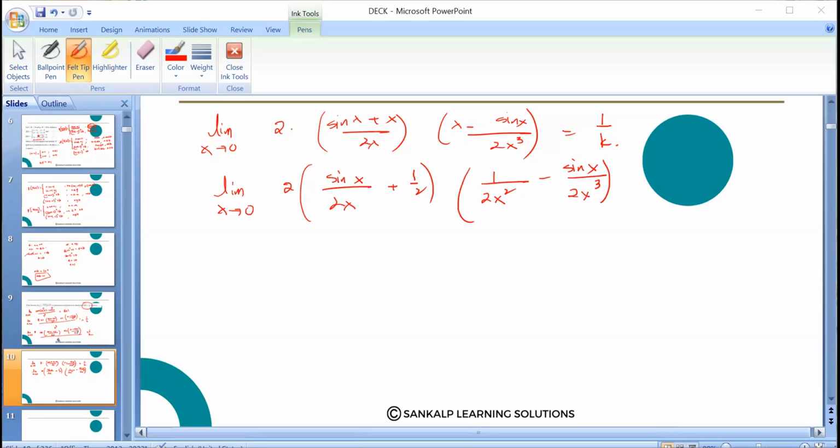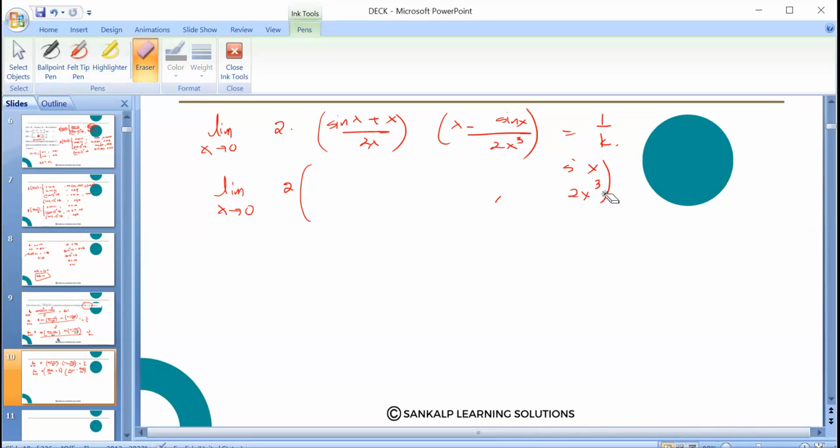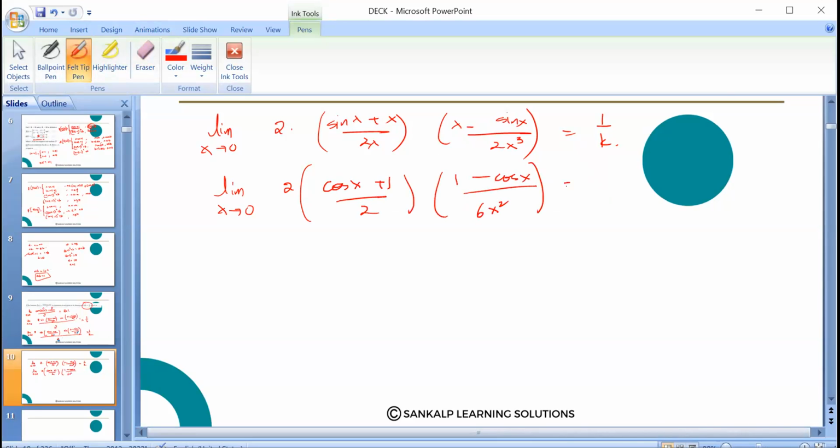If you find the derivative, that would be better. If you apply L'Hopital's rule for both, that will be easier. That is cos x plus 1 by 2, 1 minus cos x by 6x squared equal to 1 by k.